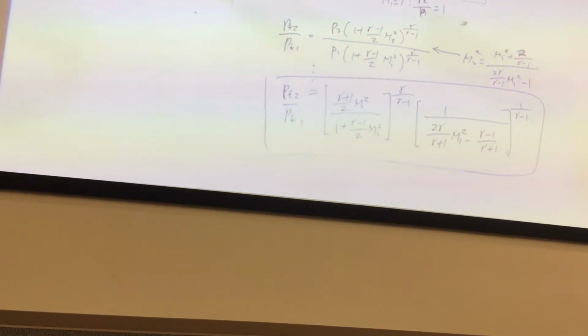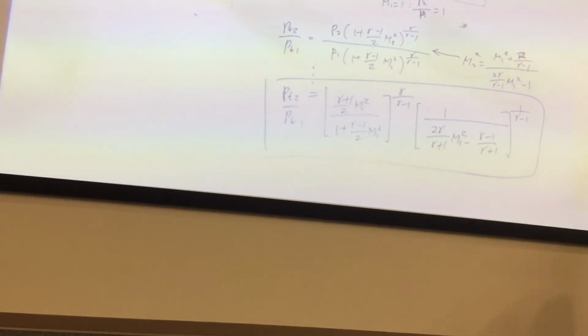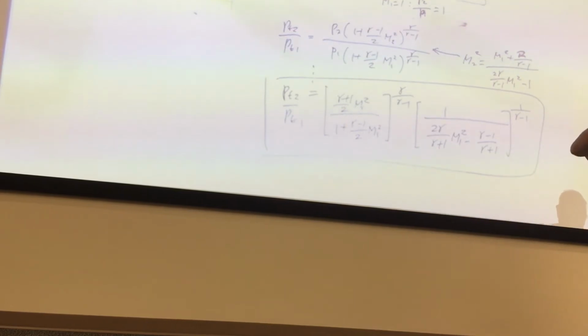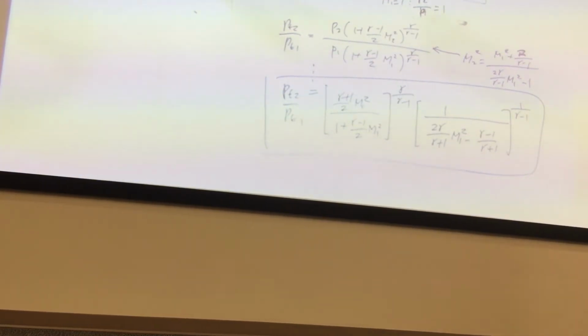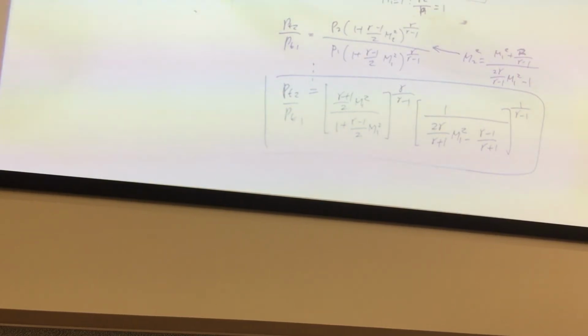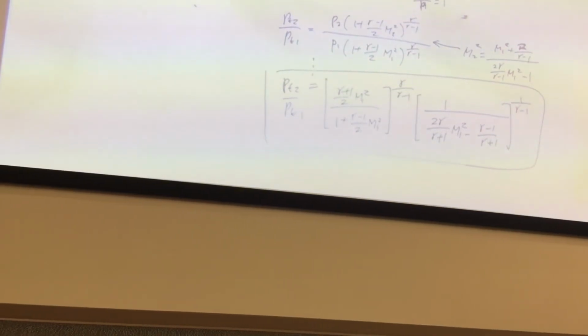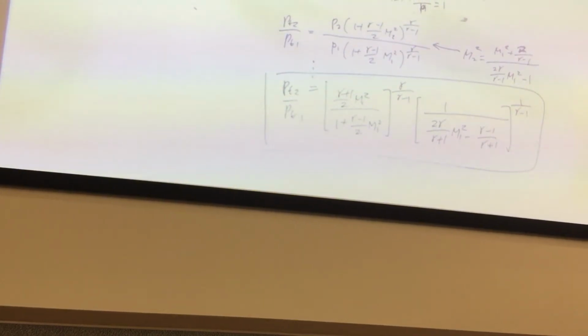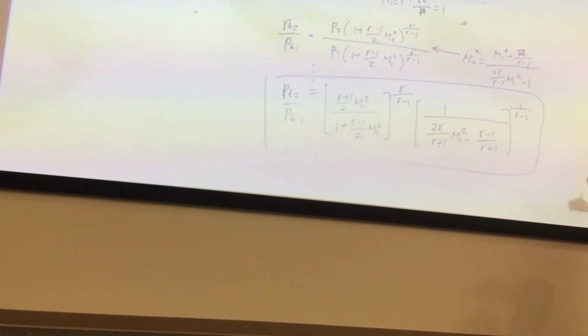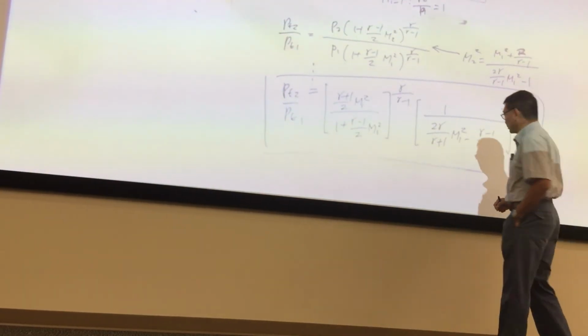So here, PT2 over PT1 is really derived from the fact that you know P2 over P1. This is kind of different from the temperature relationship, because we know that TT2 is equal to TT1, so we derive T2 over T1. But for pressure, it's just the reverse: because we know P2 over P1 from the momentum equation, we derive PT2 over PT1.